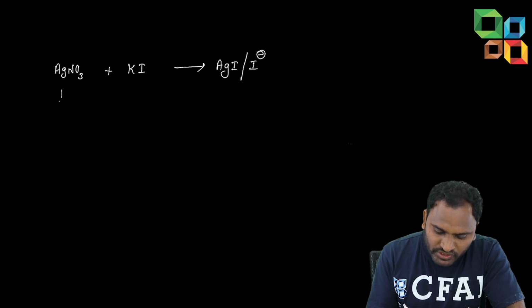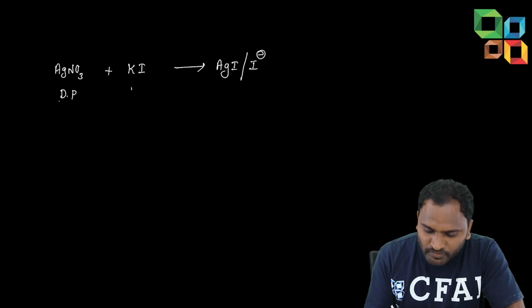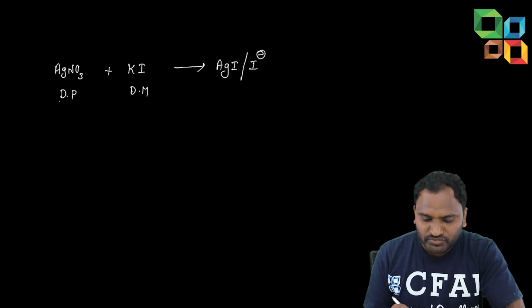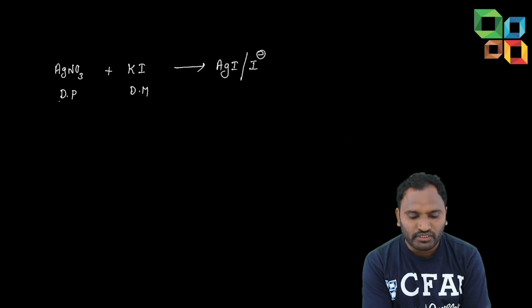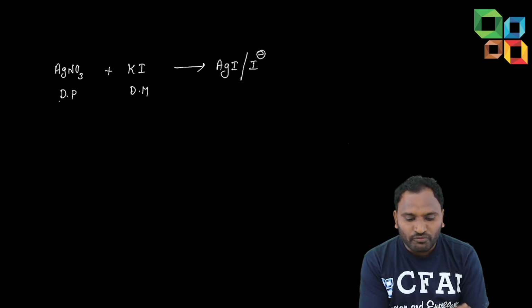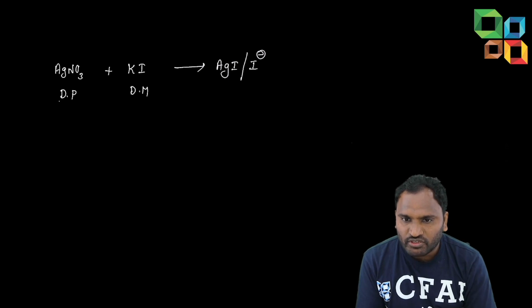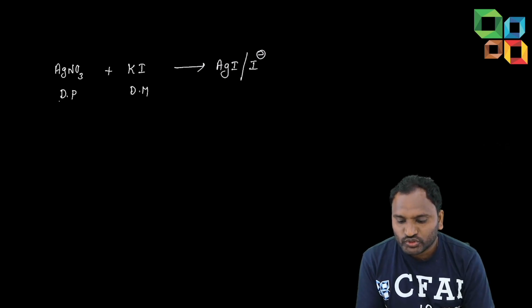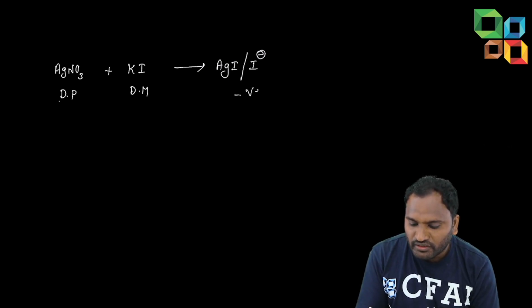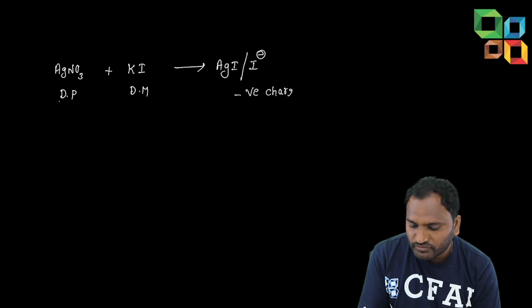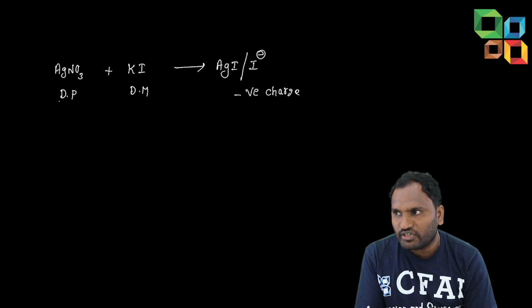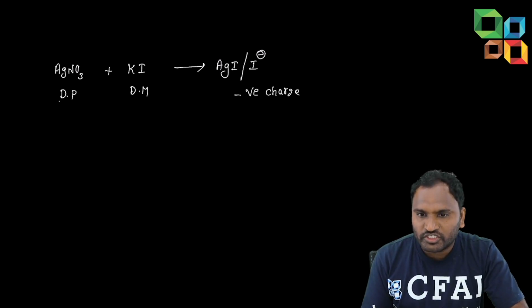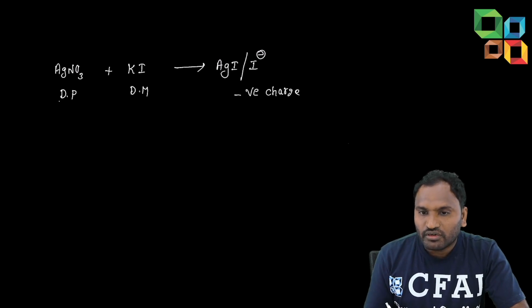Suppose AgNO3 is the dispersed phase and KI is the dispersion medium, meaning we are adding AgNO3 to KI. Here KI is more, AgNO3 is less. So after forming AgI, it adsorbs I minus, and the resulting solution gets negative charge, students. AgI is neutral, but it is adsorbing negative ions from the dispersion medium. So it is a negative colloidal solution.